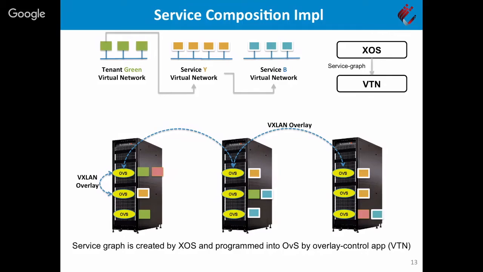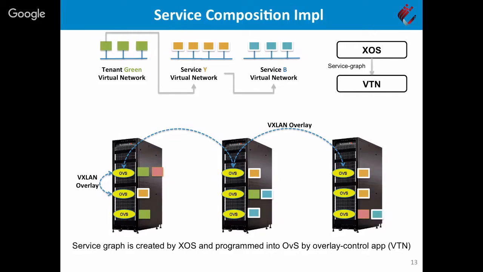And then when the traffic comes out of service Y, I want to go to service B. And same thing, I don't have to tell you exactly which VM or container to go to. You can go to any one that instantiates service B. Okay, so you can imagine that there is a load balancing service that happens between tenant green, service Y, and service B.